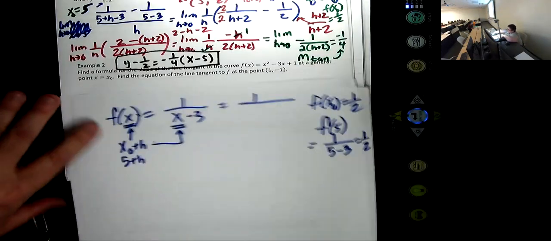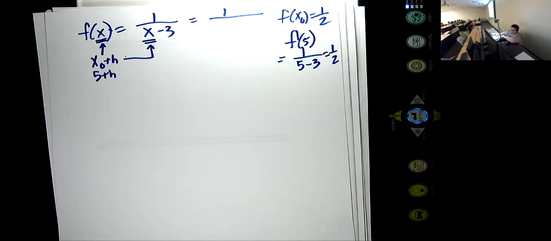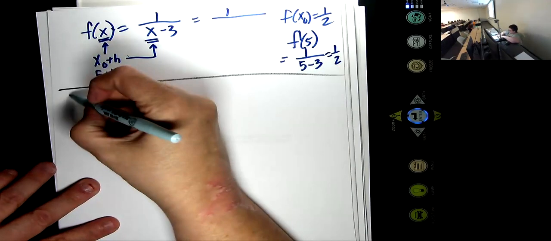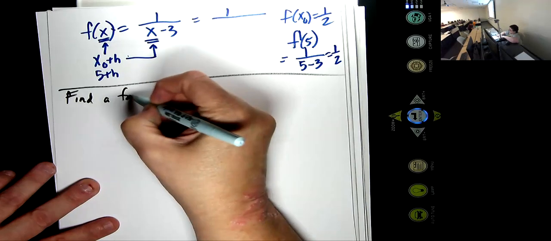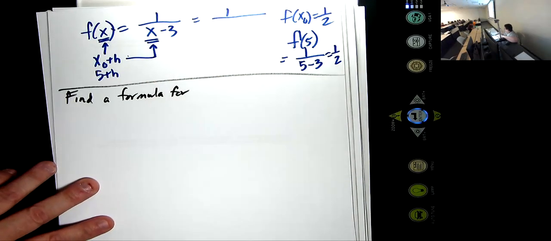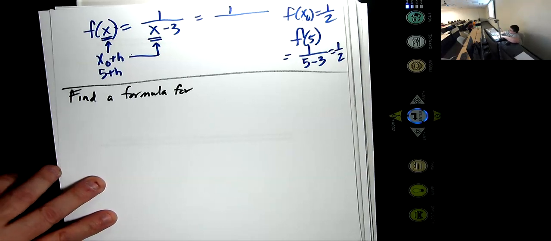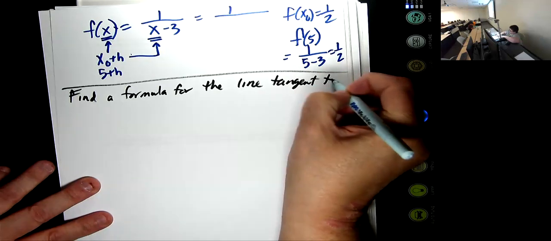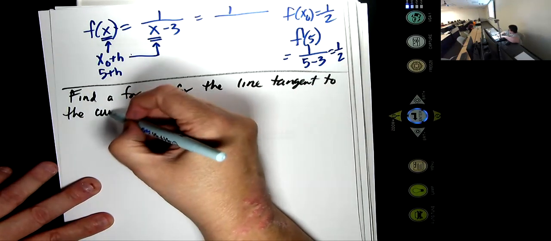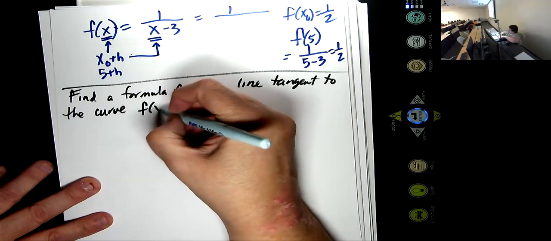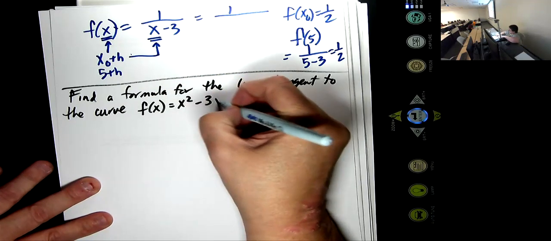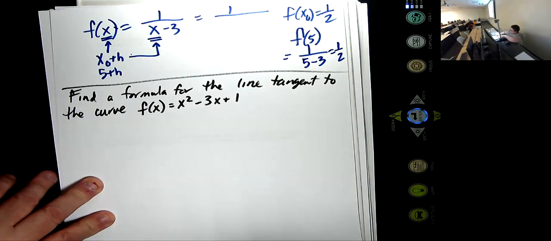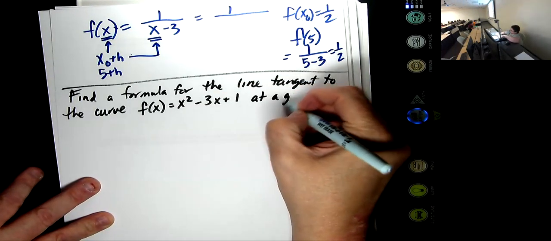Since I crossed it out, I will just say what it says. On the next problem, we have: find a formula for the line tangent to the curve f of x equals x squared minus 3x plus 1 at a general point, x equals an x naught.